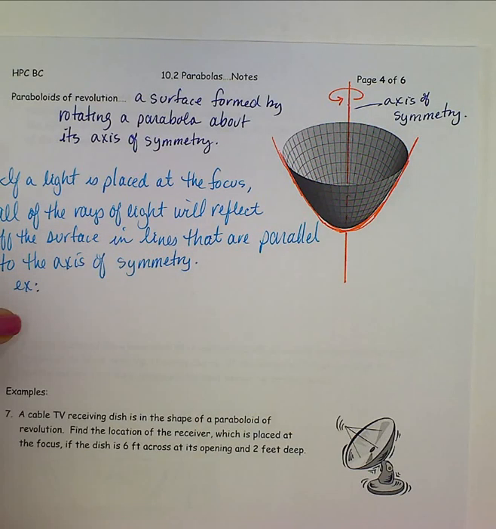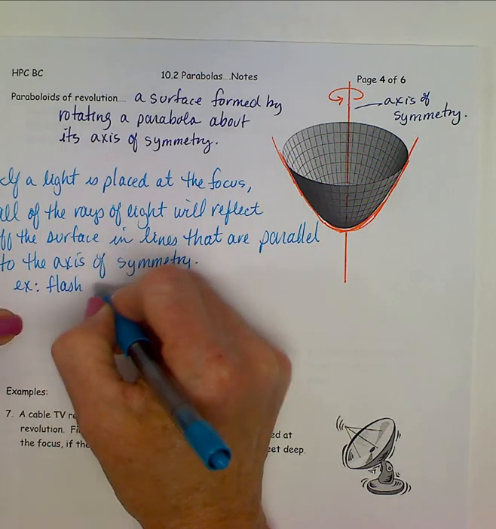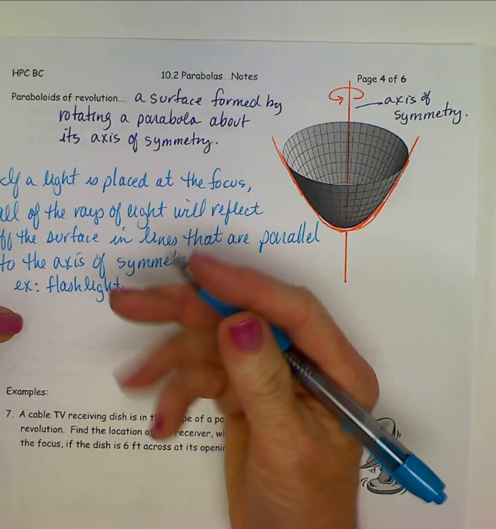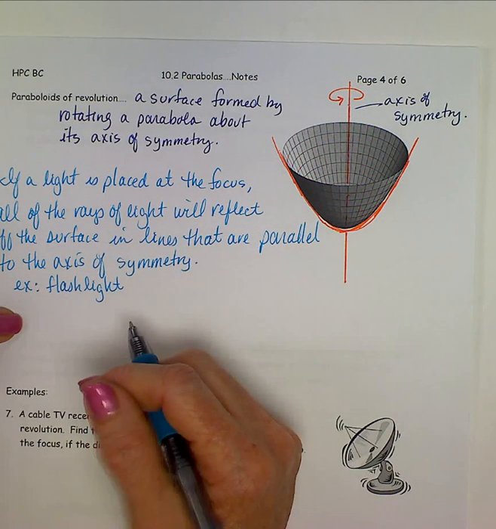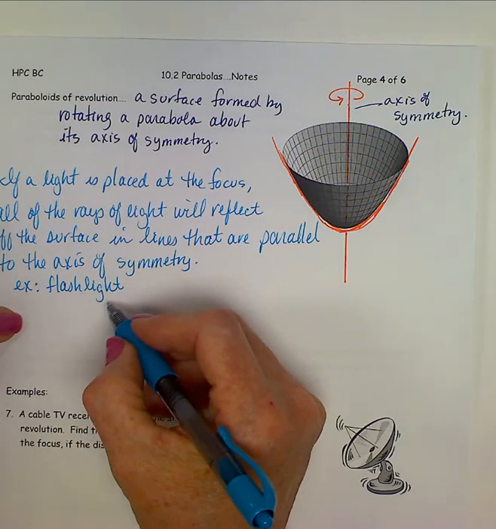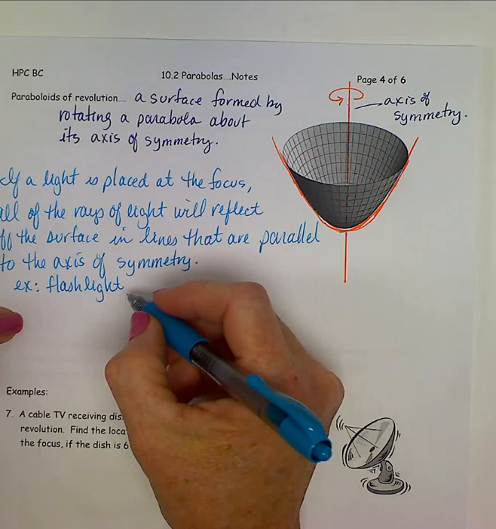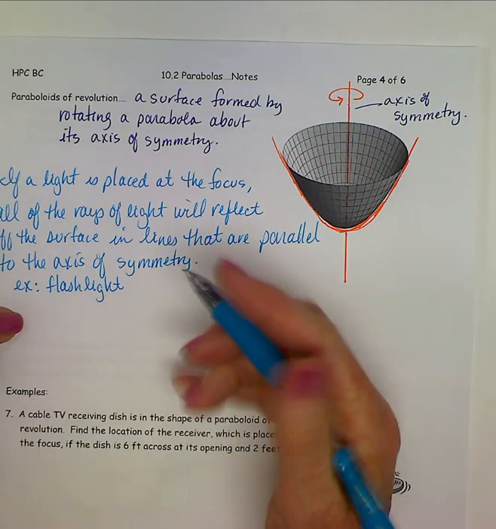Beautiful examples of this are a flashlight. Imagine a flashlight when you take it apart and you take that silver curved piece out. That's a paraboloid of revolution, and the bulb is at the focus. So the light coming out of that bulb hits the curved surface and it reflects out ahead of you.